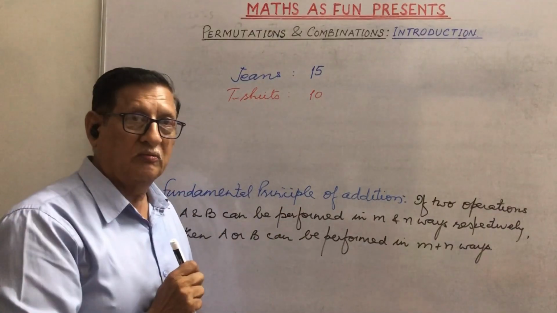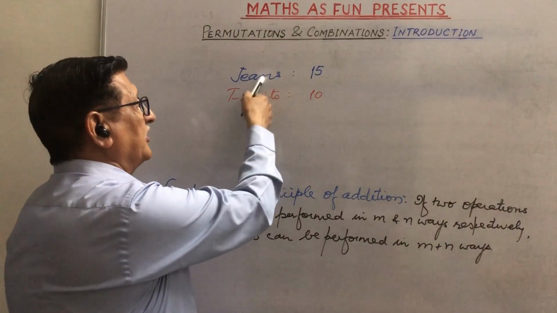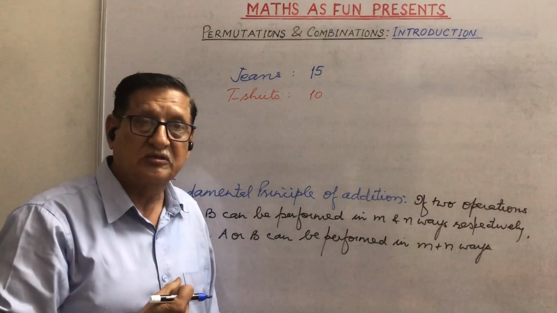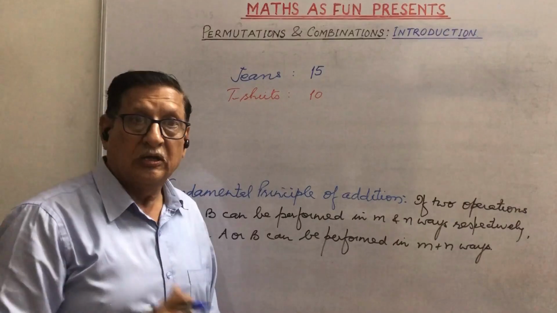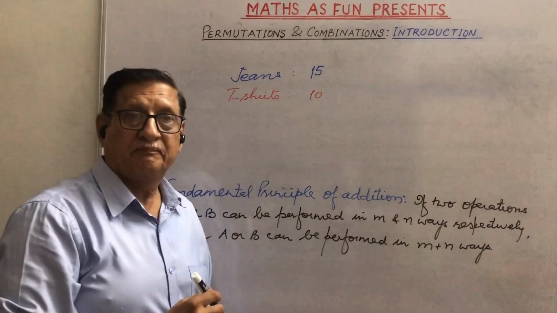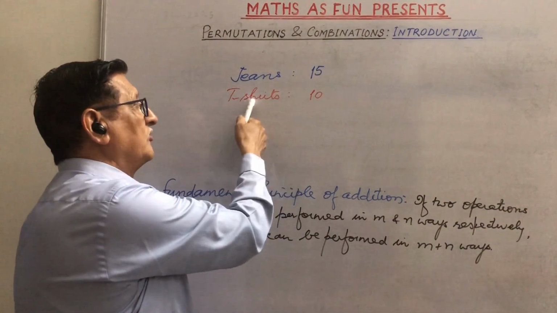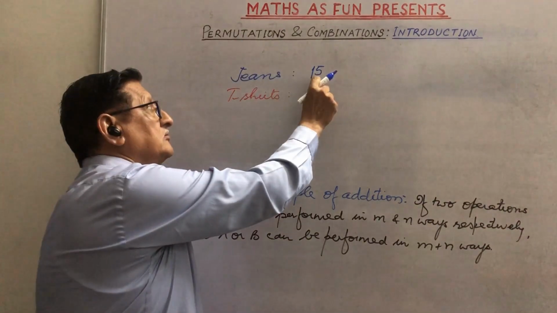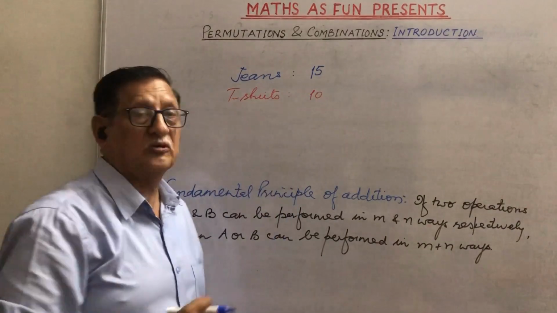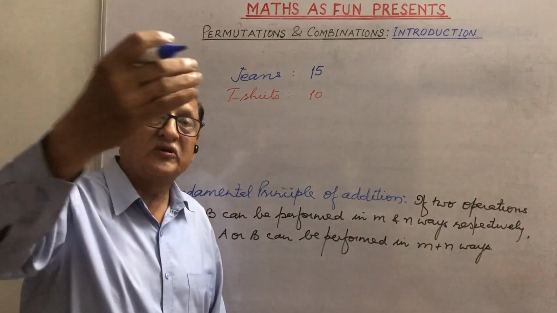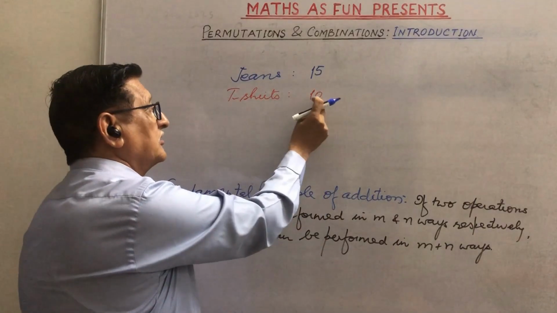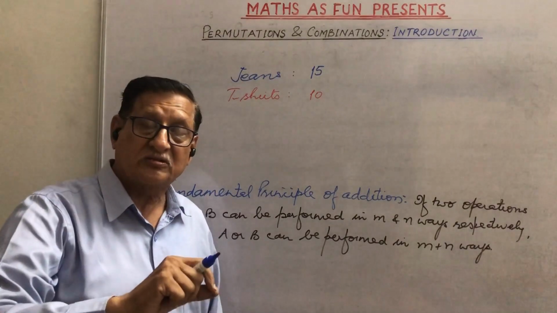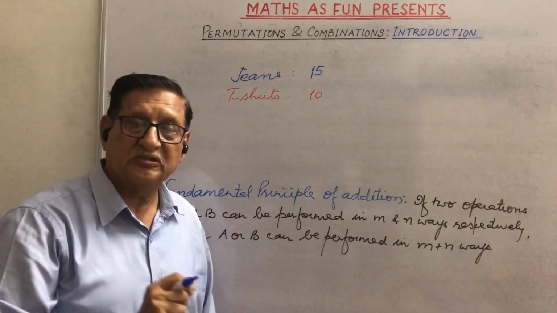What will he do? First, he will choose any one of the jeans from the 15, which he can do in 15 different ways because he has 15 options. Now, with each of the jeans, he can have the association of these 10 t-shirts. It means with one jeans, he has 10 options of shirt. And likewise, with all 15 jeans, he can see the association of these 10 t-shirts. And whichever matches best, the person will purchase that.